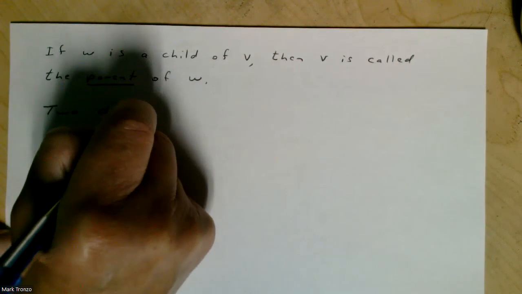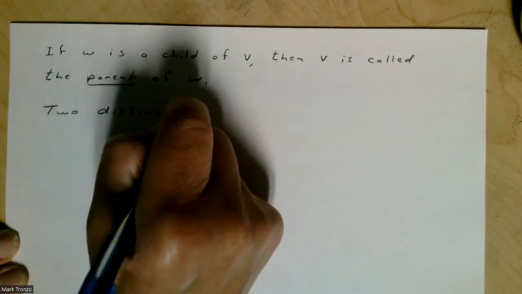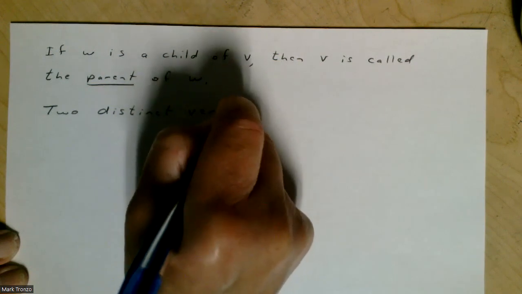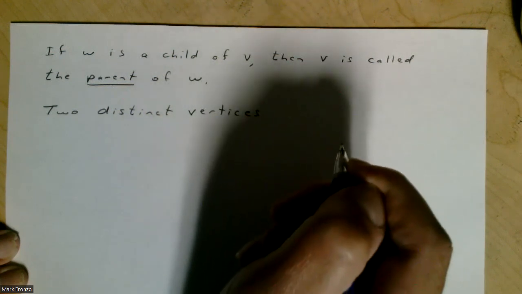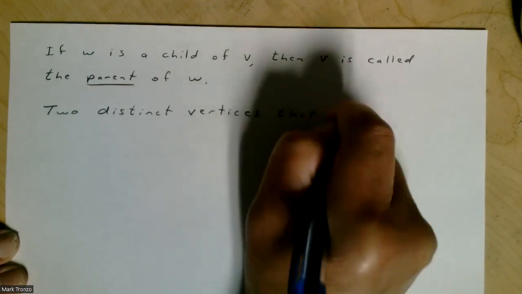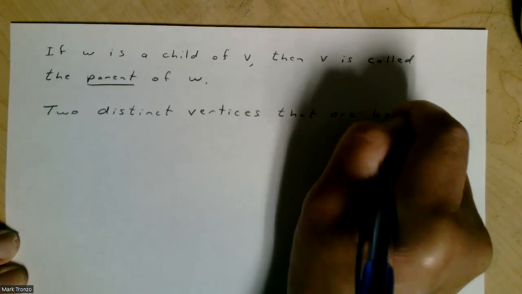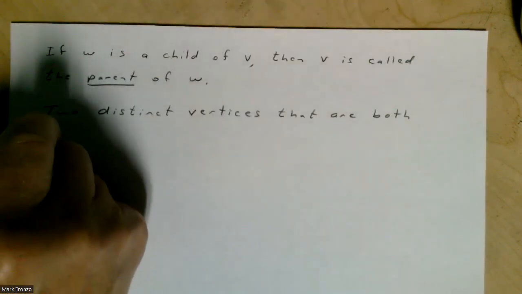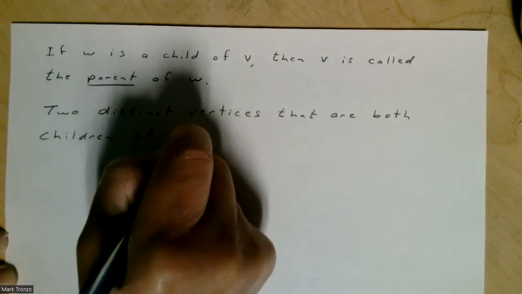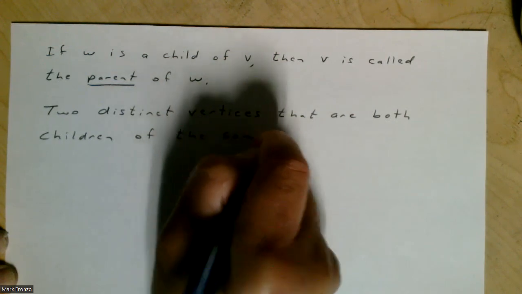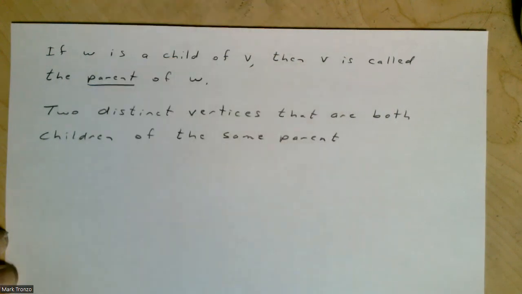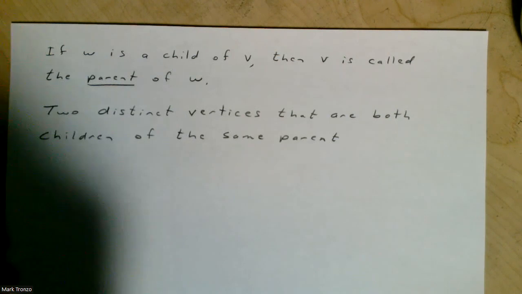Two distinct vertices that are both children of the same parent are called siblings.